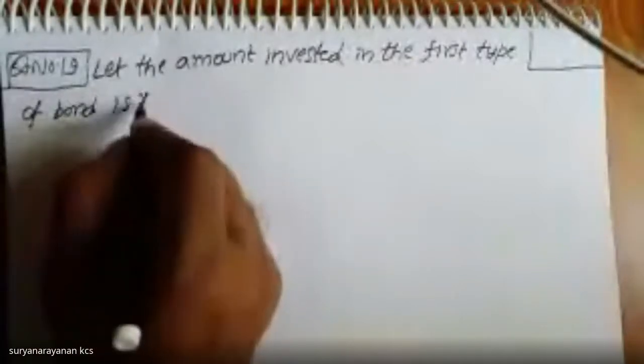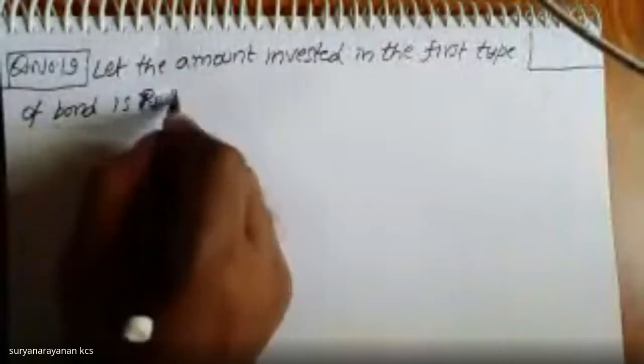Let the amount invested in the first type of bond be X rupees.